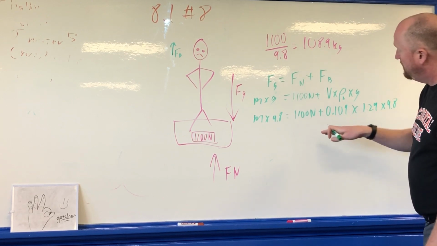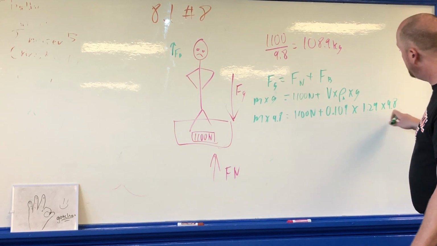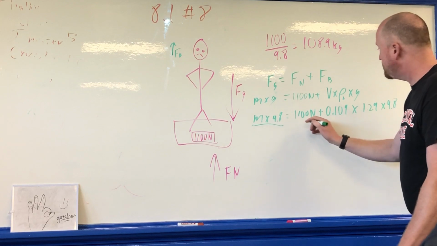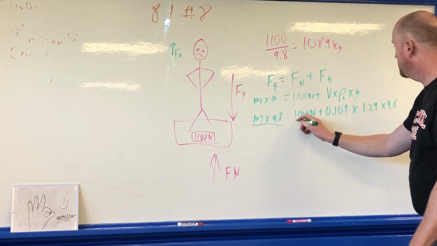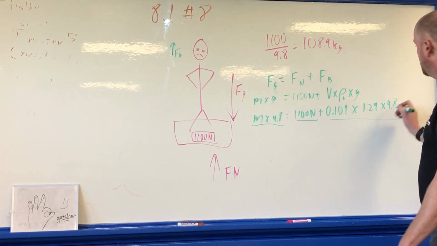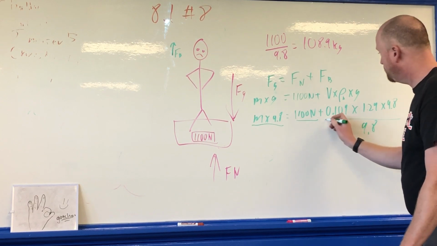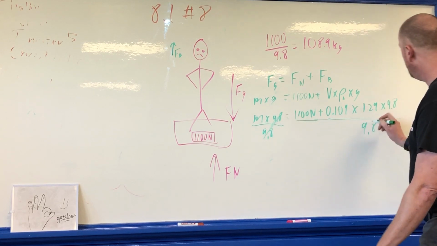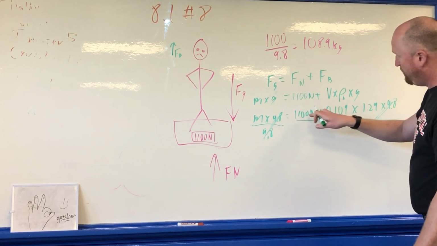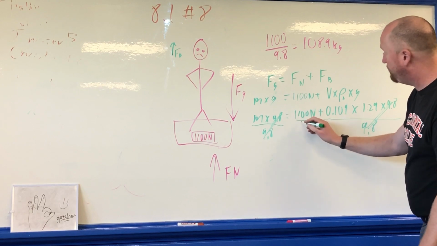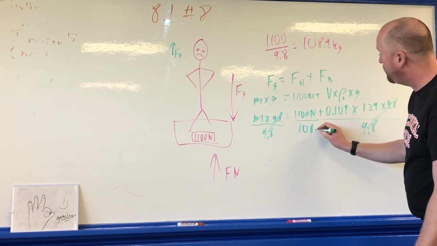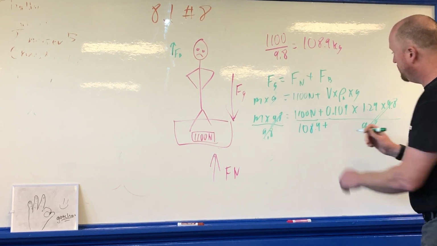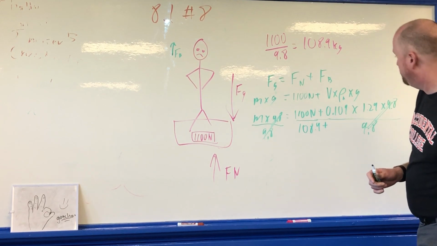Now, we got 9.8 showing up in a couple places here, and I'm going to divide all this by 9.8. The 9.8's cancel, but we've also got to divide that by 9.8. Sorry, hold on, let me erase that again.